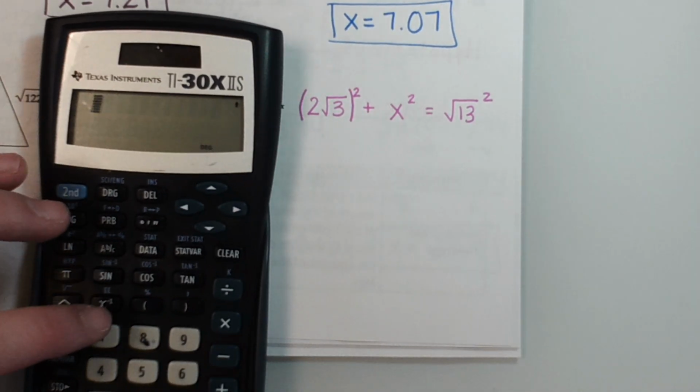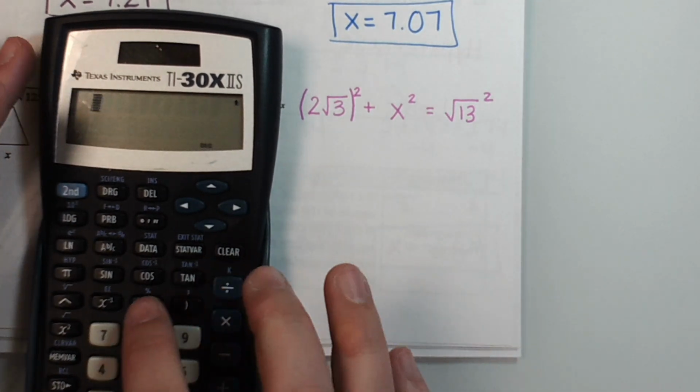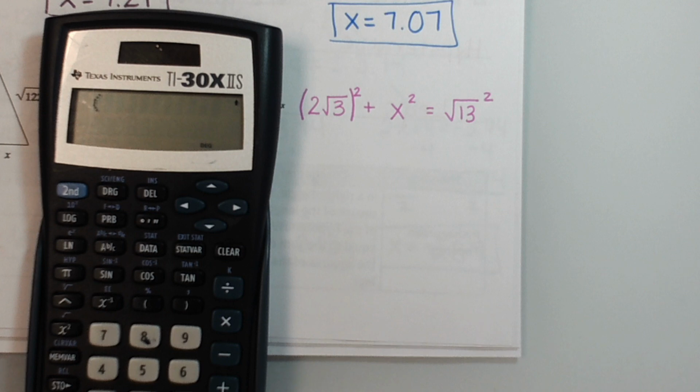Here's the most common way I see people type it in, even if they know this parenthesis has to go there. They do an open parenthesis, they do 2, they do square root of 3, they close the parenthesis, and then they square it, and the calculator tells them the answer is 6. Do you see the problem?